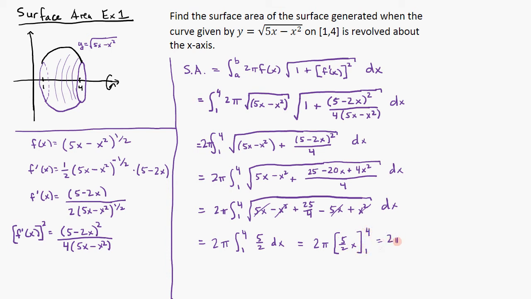So this is 2 pi times, if I plug in 4, I get 10. If I plug in 1, I get 5 halves. And so it's 2 pi times 15 over 2, or 15 pi. So the surface area of this region is 15 pi.